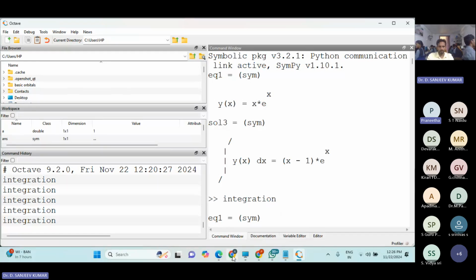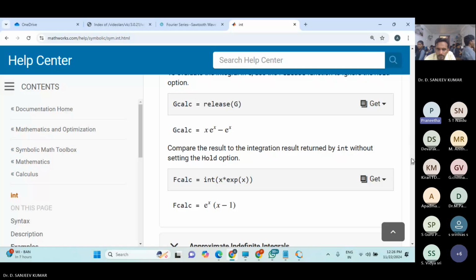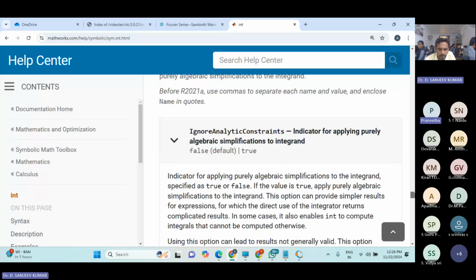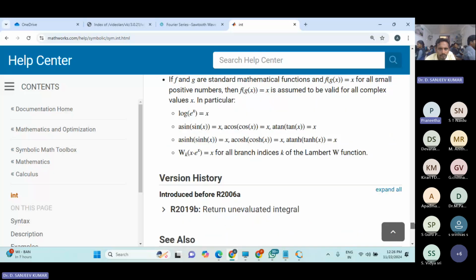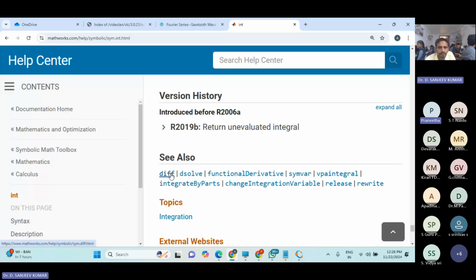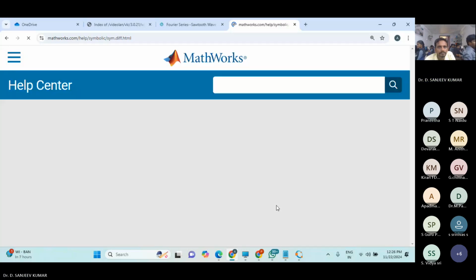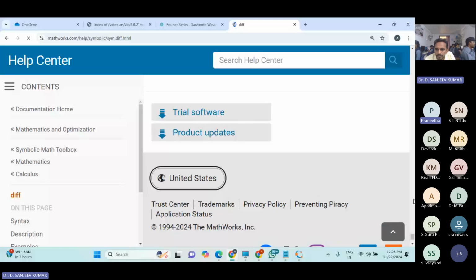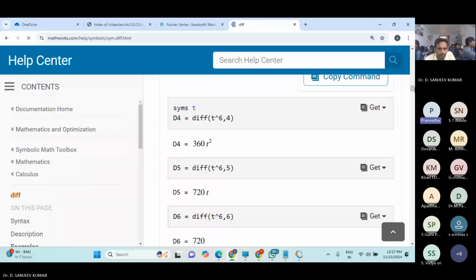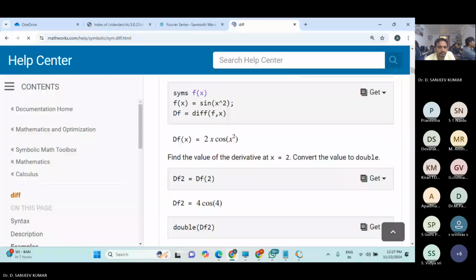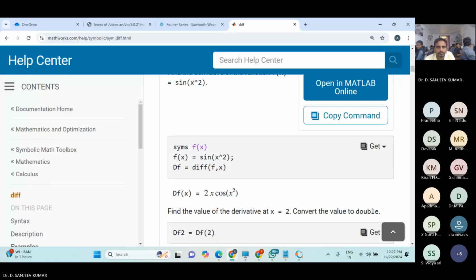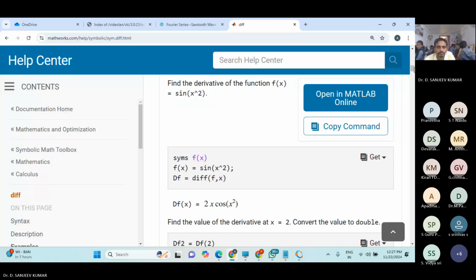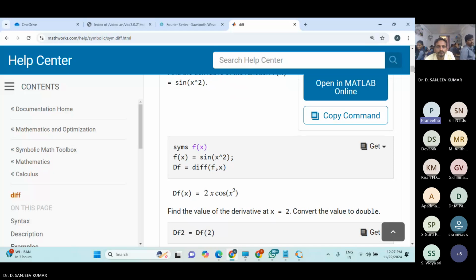The same way you can go for differentiation also. That is available as diff.